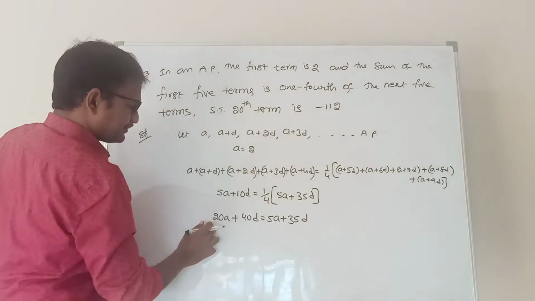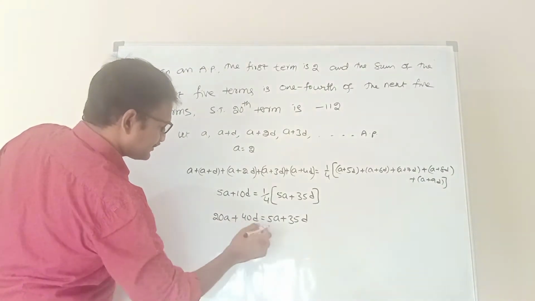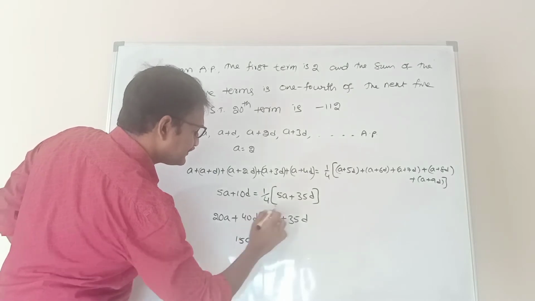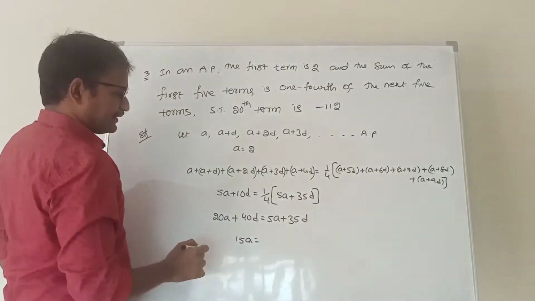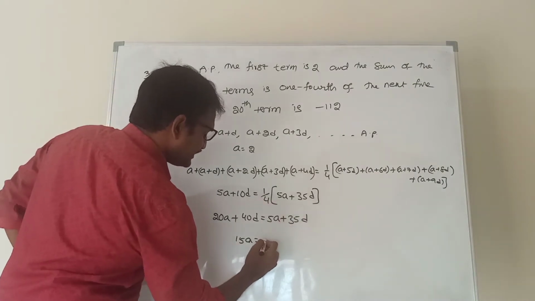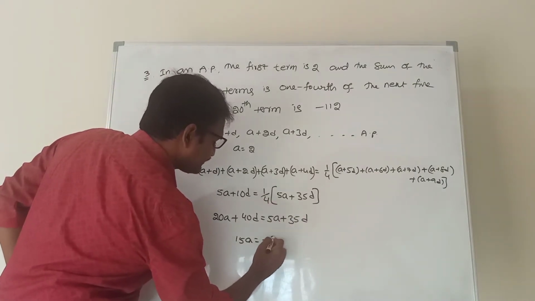If we send 5a to the left hand side, 20a minus 5a is 15a. 15a is equal to, sending 40d to the right hand side, 35d minus 40d means minus 5d.